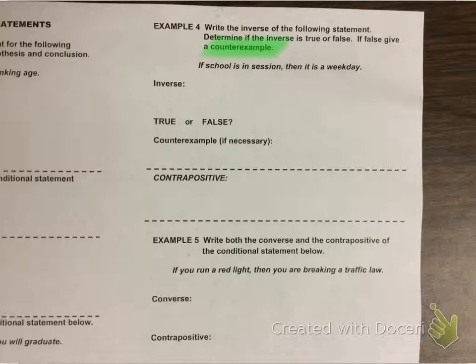So if you'll take a look at that example: if school is in session, then it is a weekday. So write the inverse of that, determine if that is true or false, and then if it's false, give a counterexample. And we'll talk about that here in just a second.